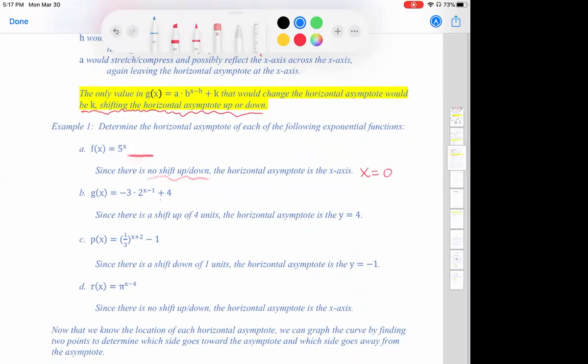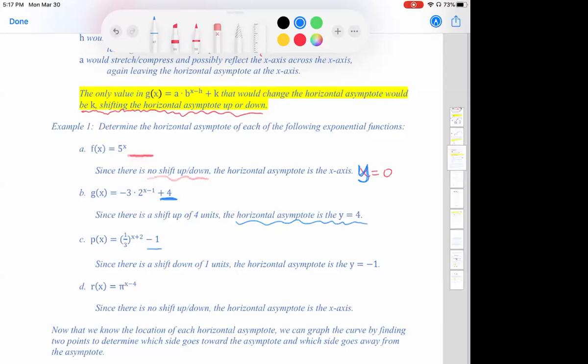Do we see how we have that +4 being added right next to it? Well, that's going to cause our whole graph to move up, in this case up 4. So our horizontal asymptote is going to move up 4. We now have y equals 4 as our horizontal asymptote.